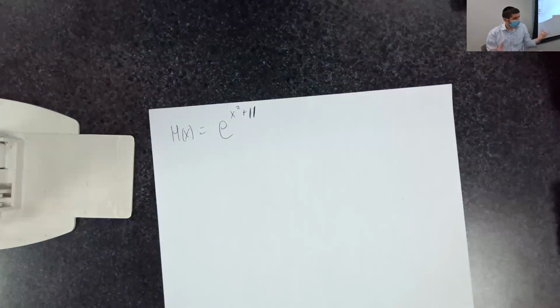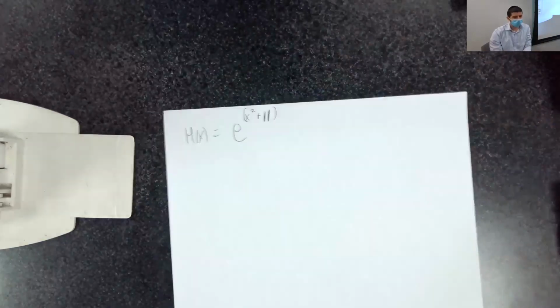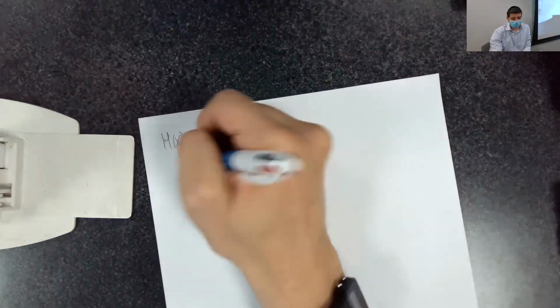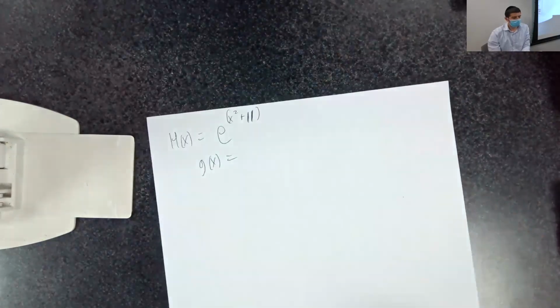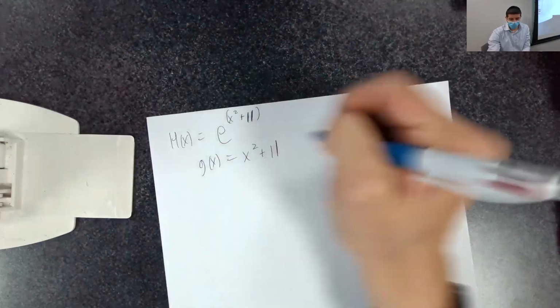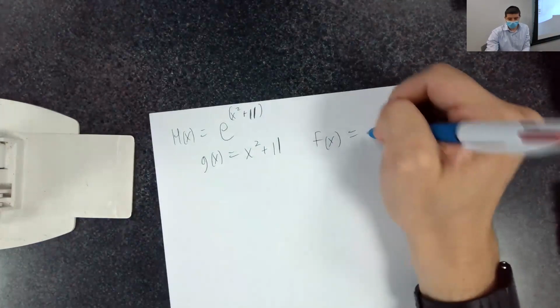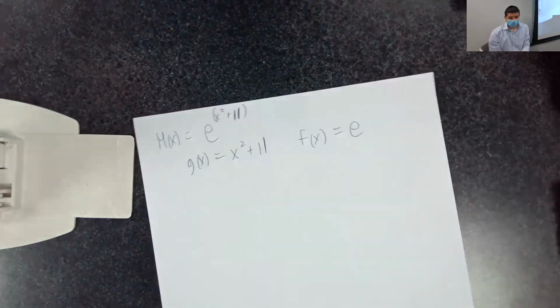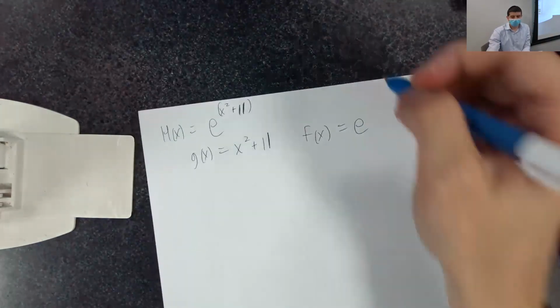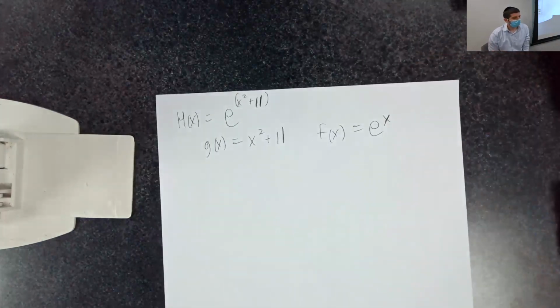What looks like the inside? Right, x squared plus 11 looks like the inside. So g of x is x squared plus 11, and f of x is e to the x, the exponential function, since the parentheses gets replaced by x.